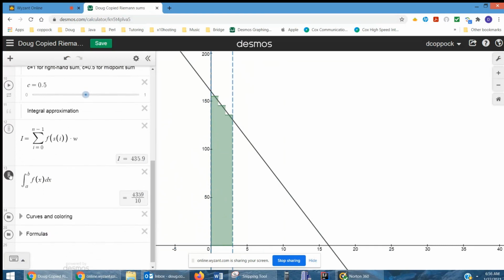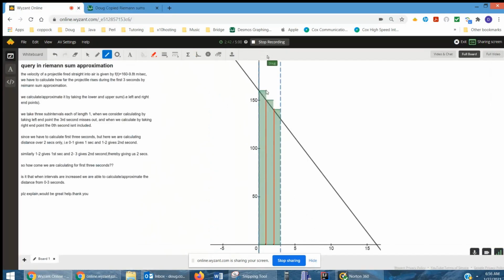This guy right here is the actual exact area under that curve, which we could get, by the way, geometrically, because this figure is actually a trapezoid. So if we wanted to, we could calculate the area of this trapezoid.